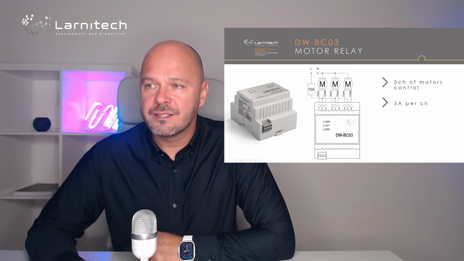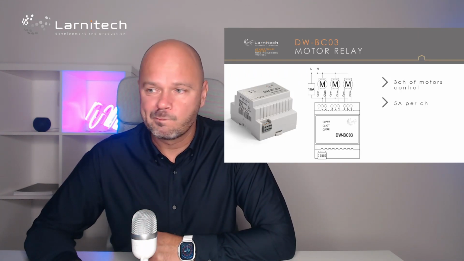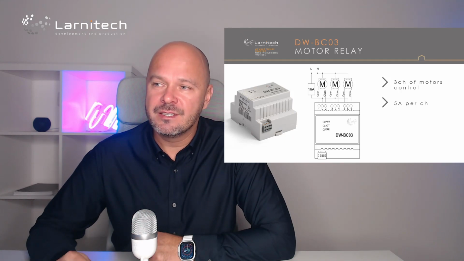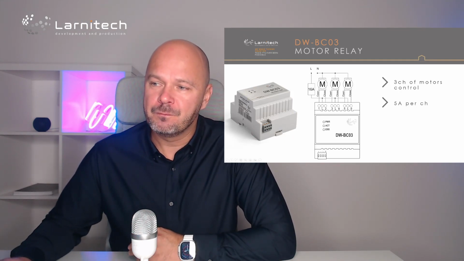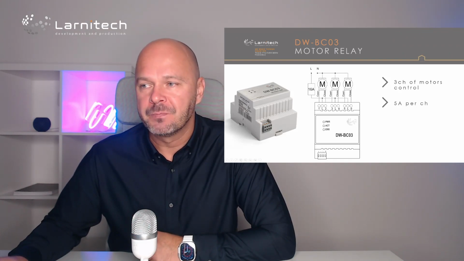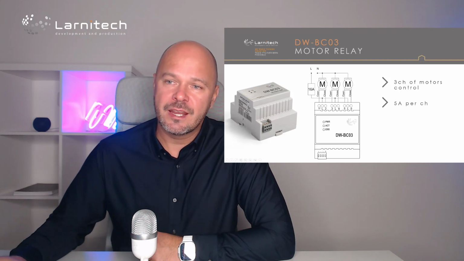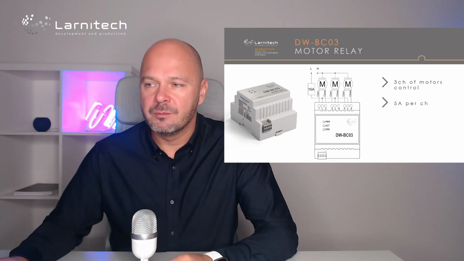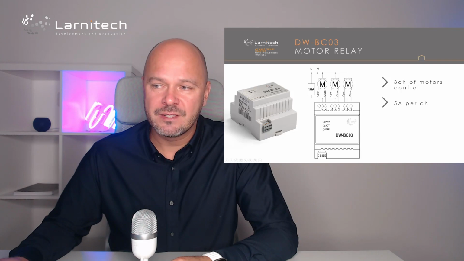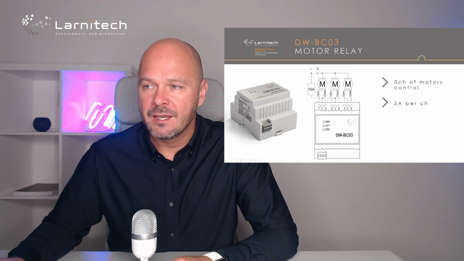And this one is the special relay for blind motors. Sometimes it is nice to have interlockable and interchangeable relays for the blind motor, so they are not able to activate open and close at the same time, which can break the motor and can bring disaster.